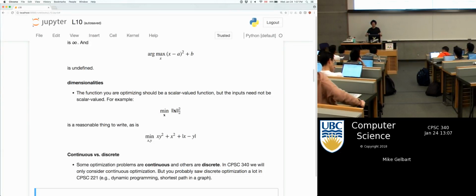For example, it's completely reasonable to say minimize with respect to x the 2 norm squared of x, which is, as we talked about before, the sum of squares of the elements of the vector x. And the minimum there would be 0 again, because we're squaring a bunch of things, and so the smallest we can make them is 0. And so the minimizer would be the 0 vector of the same size as x.